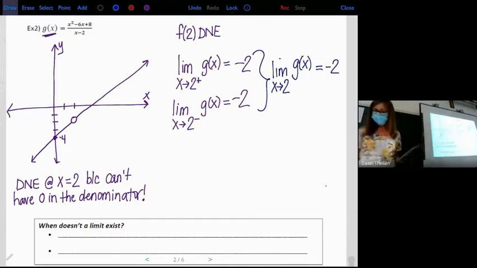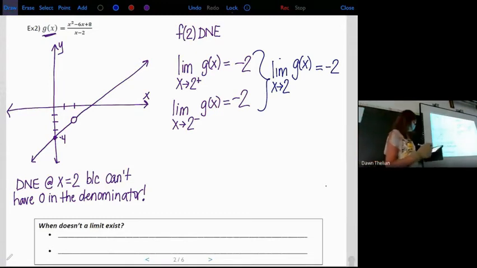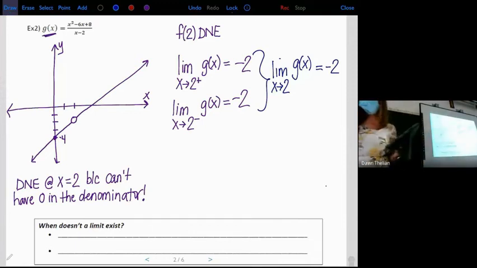All right, so down at the bottom here, when doesn't a limit exist? When doesn't a limit exist? Yeah, there's like a jump in the graph. Perfect. Jump in the graph.